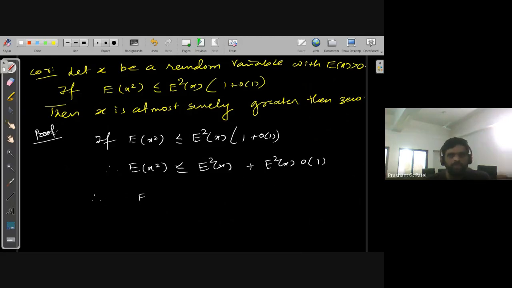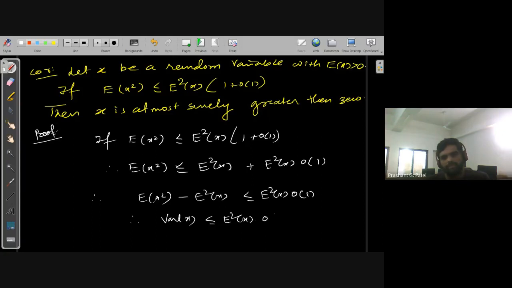So that gives me E of X square minus E square X less than or equal to E square X small o of 1. That means this is nothing but the variance of X, which is less than or equal to E square of X small o of 1. So variance of X upon E square of X is less than or equal to small o of 1.